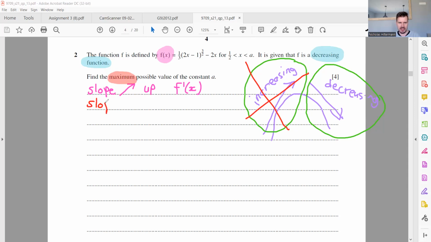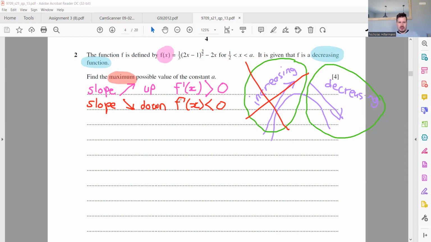That's our slope going down. So in this case, if it's going up, our slope is positive, meaning it's greater than 0. If it's going down, our f dash of x is less than 0. Okay, so decreasing function, slope going down, f dash of x is less than 0.